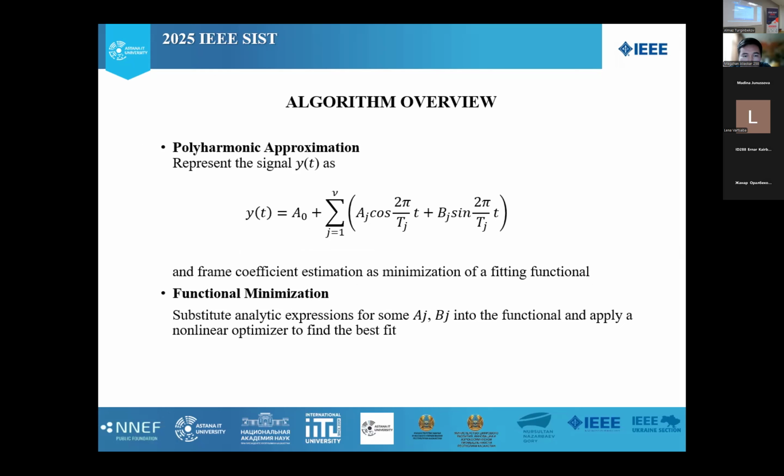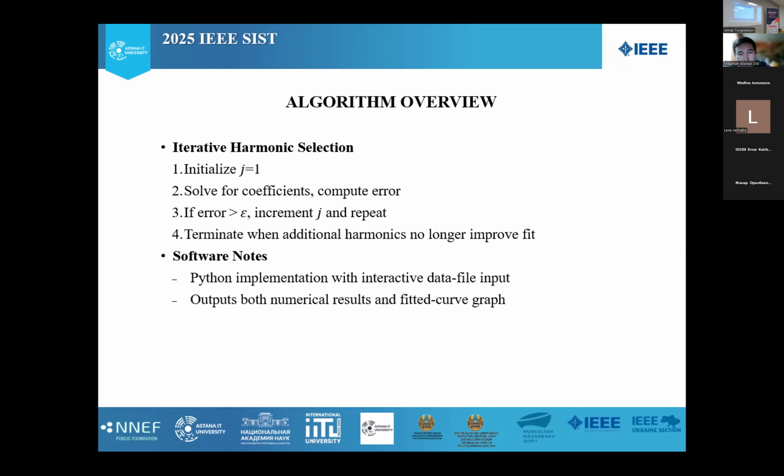As you can see from this equation, our approach is based on iterative harmonic selection. First, initialize the harmonic count, j equals 1. Second, fit coefficients a_j and b_j to minimize the least squares functional. Third, compute errors; if it exceeds the threshold epsilon, increment j and repeat.